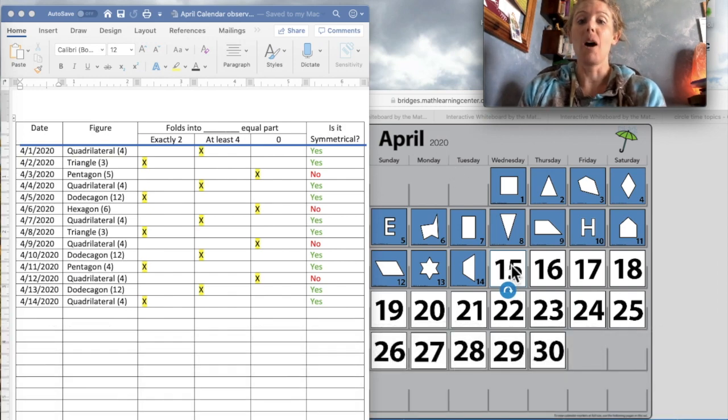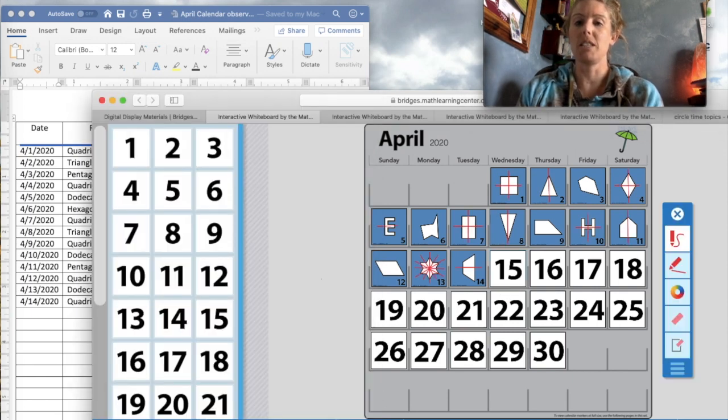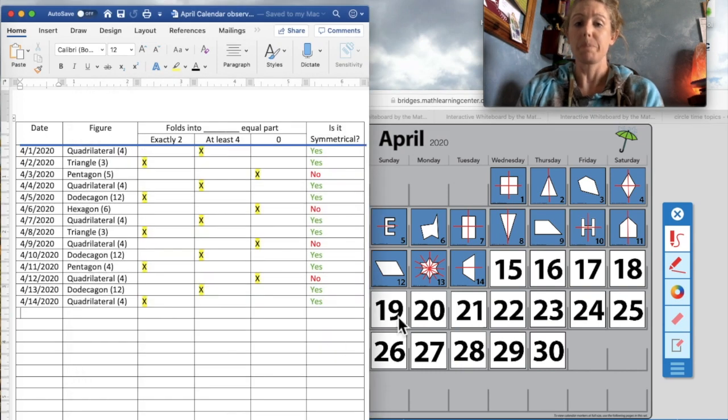Now we have had many shapes, some shapes with no line of symmetry and some shapes with a line of symmetry, making it symmetrical. I want you to look over at some of our patterns. I'm going to put our crayon up there so we can see the lines of symmetry that we've had.